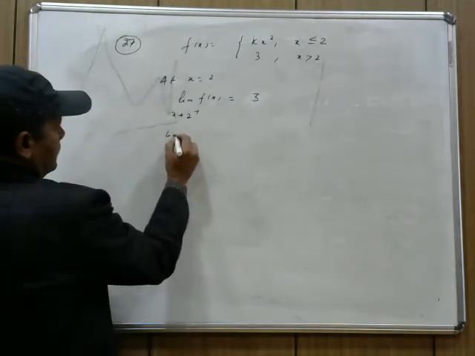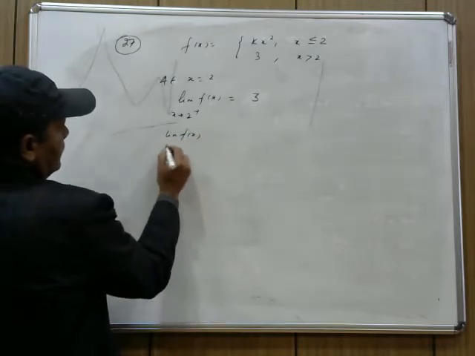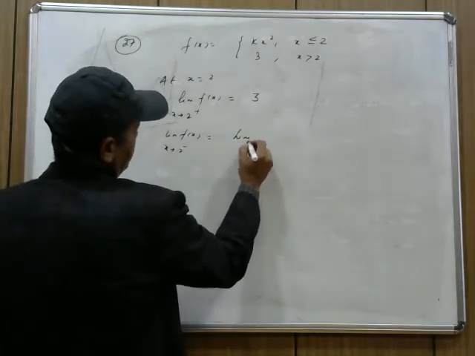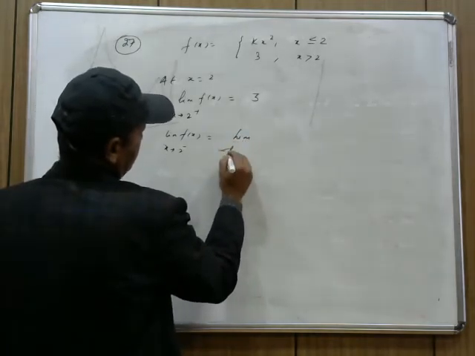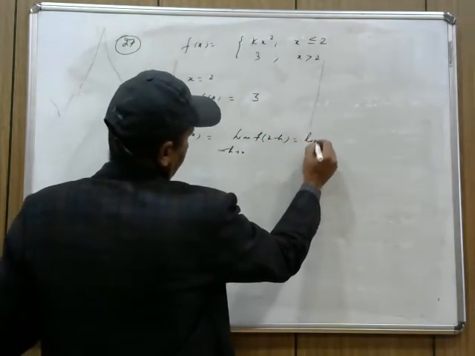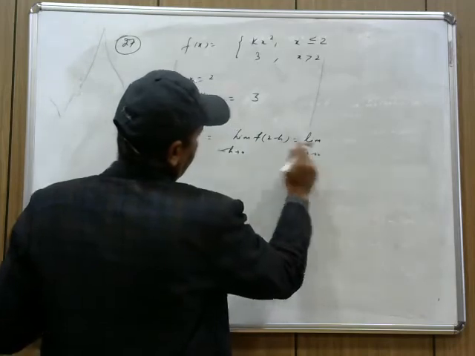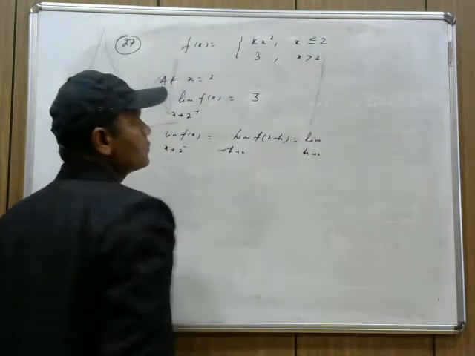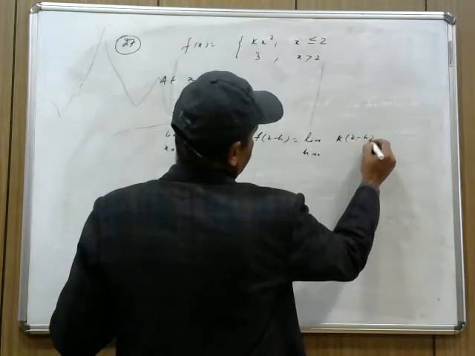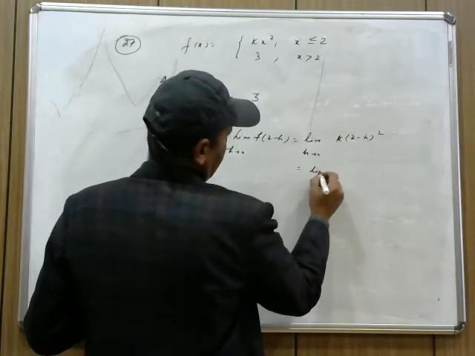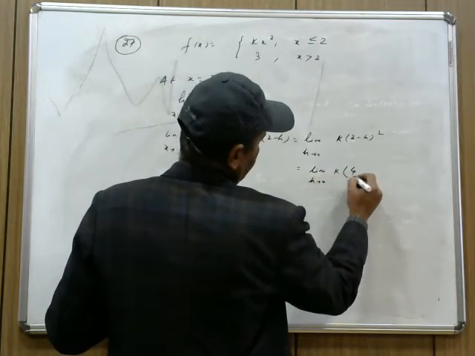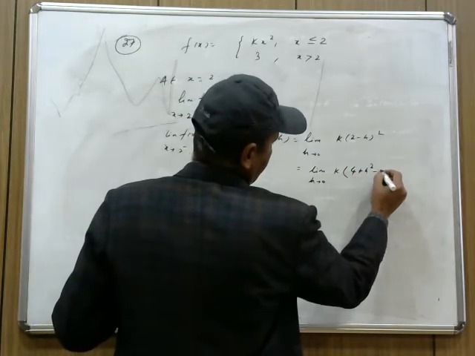Now limit f of x, x tends to 2 minus, is equal to limit h tends to 0, f of 2 minus h, which is less than equal to 2. That means k times 2 minus h whole square is equal to limit h tends to 0 of k times 2 square minus 4h plus h square.